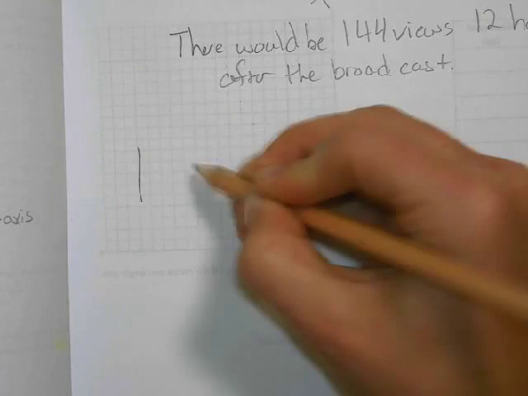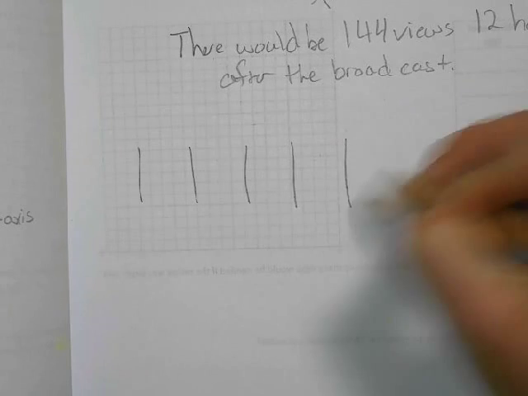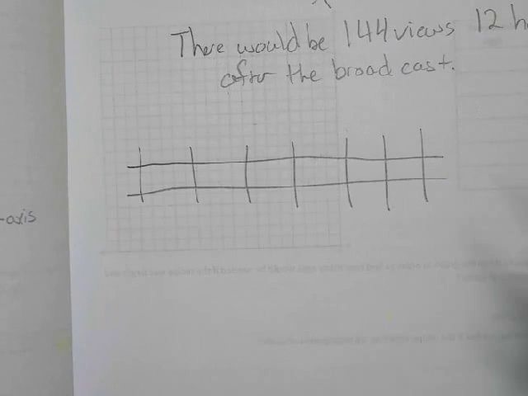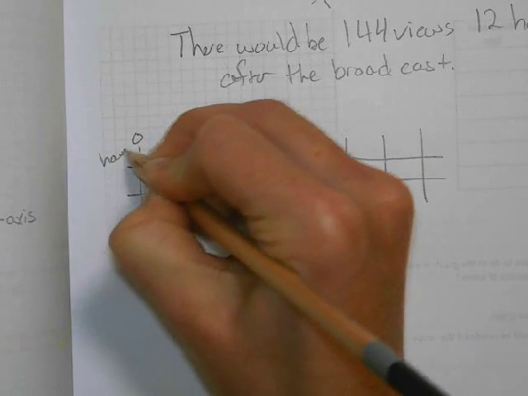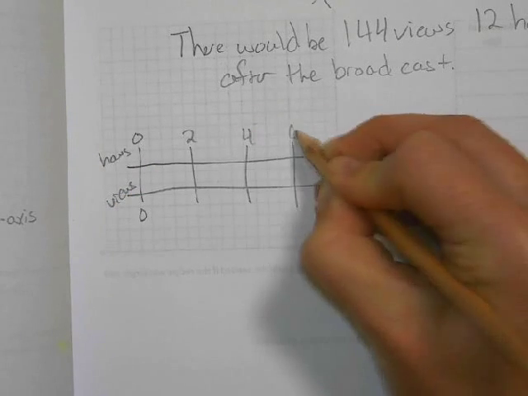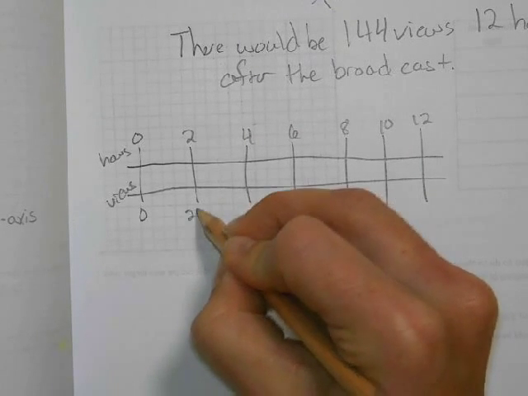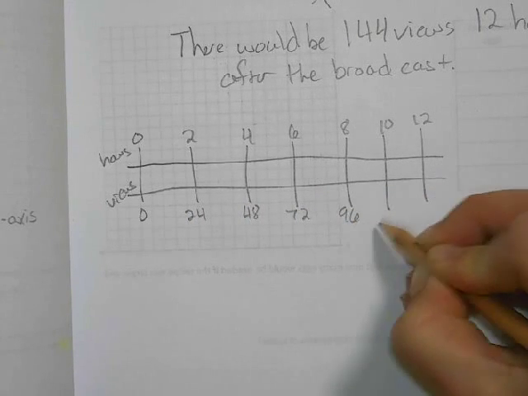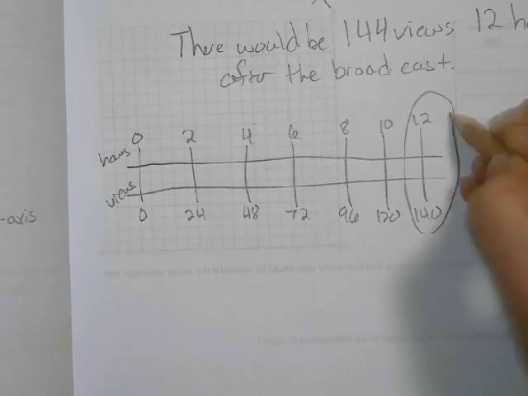So you'd start 0, 0, and then do the 2, 4, 6, 8, 10, 12, drawing your line, labeling it 0, 0, and hours and views, and then 2, 4, 6, 8, 10, 12, and again 24, 48, 72, 96, 120, 144, and then you'd show right here is your answer.